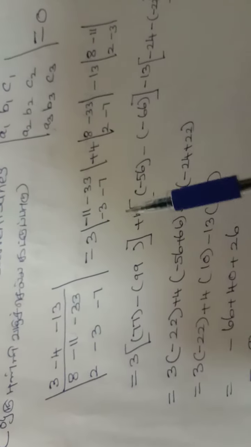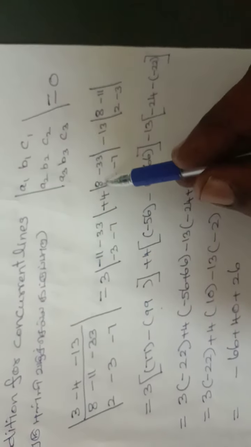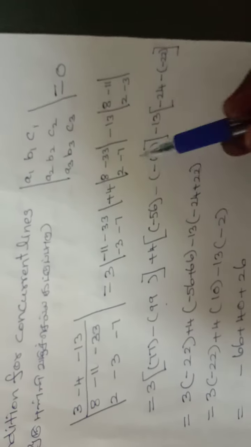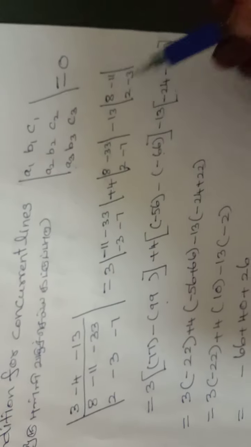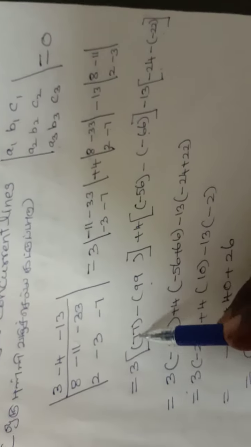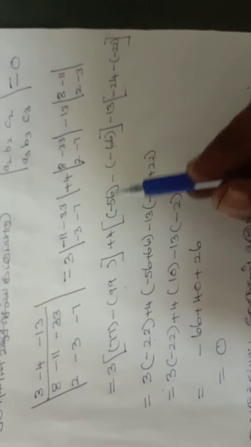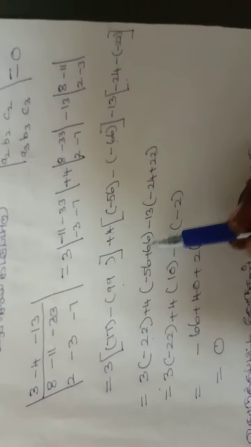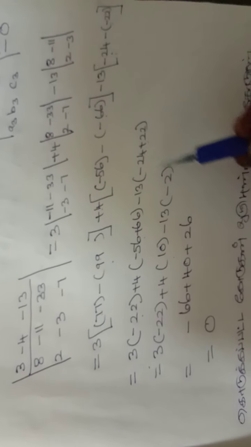So 3 into, inside the bracket, 77, this is 99, here 8 into minus 7 is minus 56, this is minus 66, this is minus 24, this is minus 22. So what you are getting is 3 into 77 minus 99, minus 22; 4 into minus 56 plus 66; here minus 24 plus 22. So here you will get 10 and here minus 2.